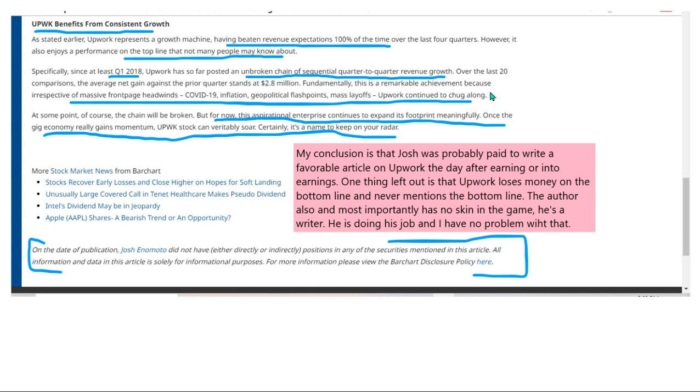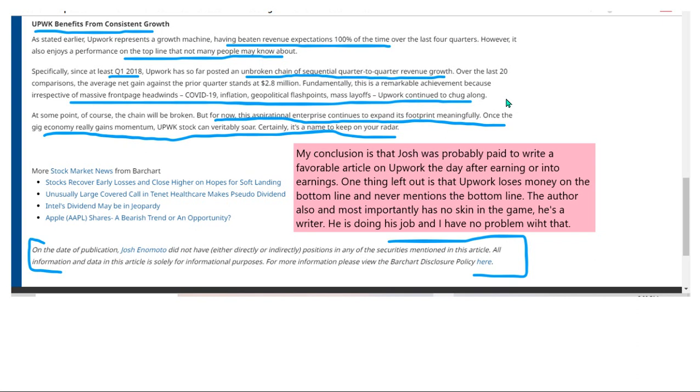So, since at least Q1 of 2018, Upwork has so far posted an unbroken chain of sequential quarter to quarter revenue growth. And irrespective, he says right here, irrespective of massive front page headwinds, COVID 19, inflation, geopolitical issues, and mass layoffs, Upwork continued to chug along. Okay?